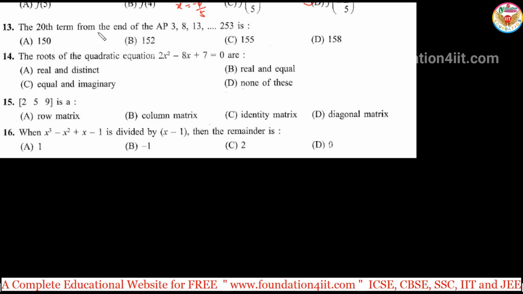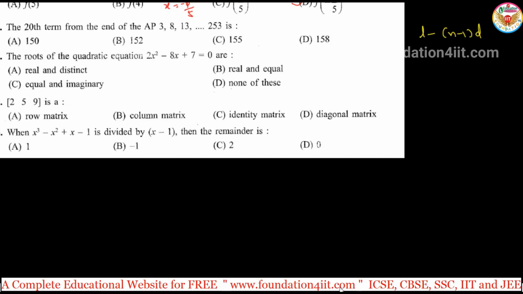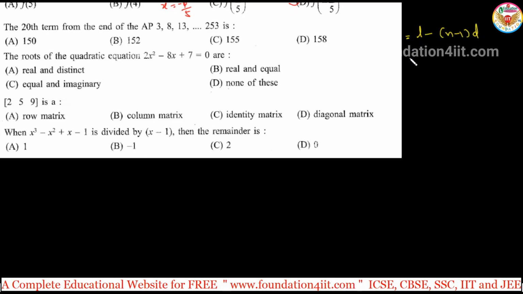Next. The 20th term from the end. So just apply the formula: L minus n minus 1 into d. Remember, this is the formula to find a particular term from the end. L is the last number, that is 253. n is which term you have to find, the 20th term, so 20 minus 1.